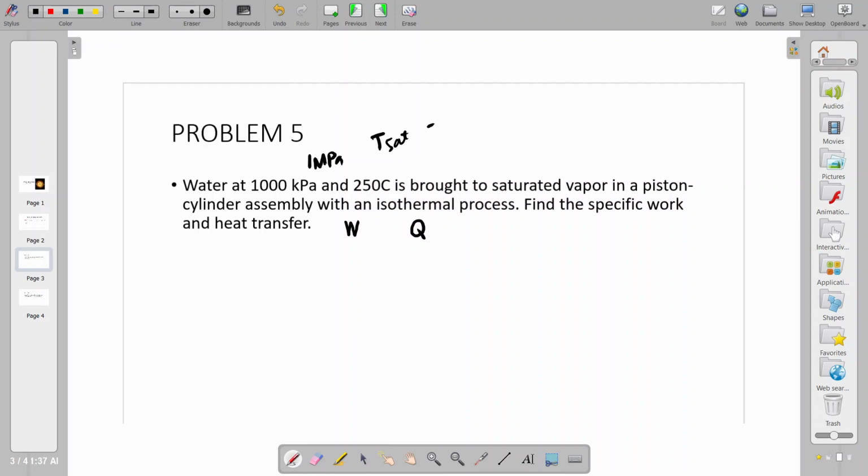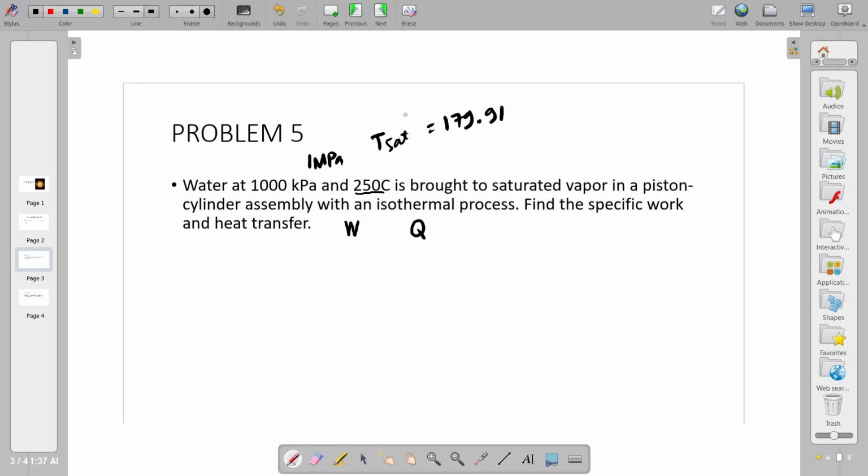Okay. 179.91. Pero ang given na temperature dito ay 250 Celsius. So, ibig sabihin, ang state 1 niya ay vapor or superheated steam.